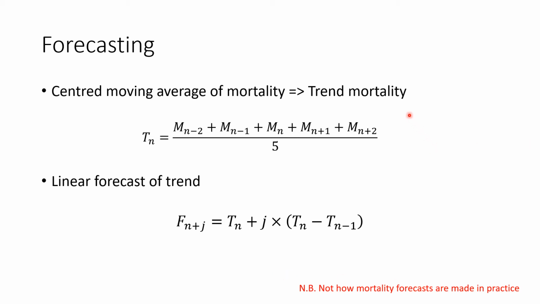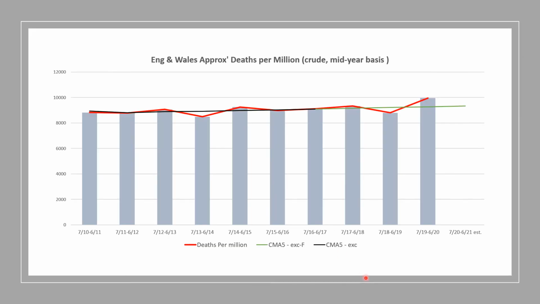So I'm going to use a simple moving average to calculate the trend mortality, and I'm going to average over 5 years, and then from a given average year I can forecast forward by saying what's the trend in that year plus what is the trend rate in the previous year multiplied by the number of years forward, essentially a straight line forecast. So here's the example of that.